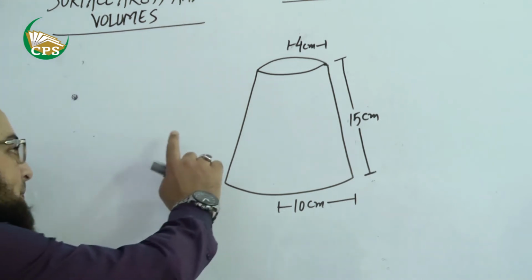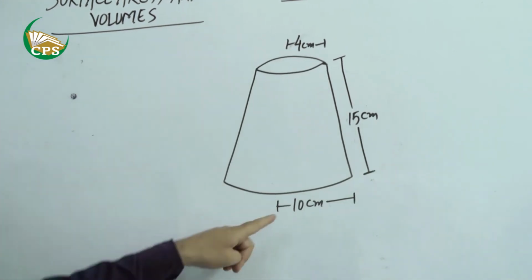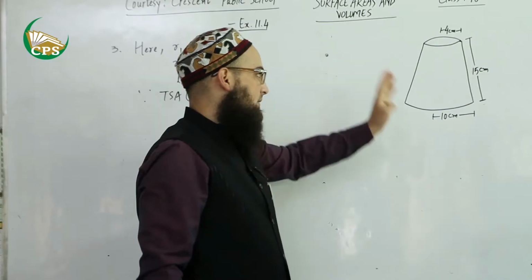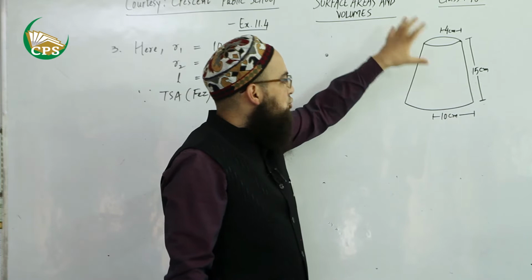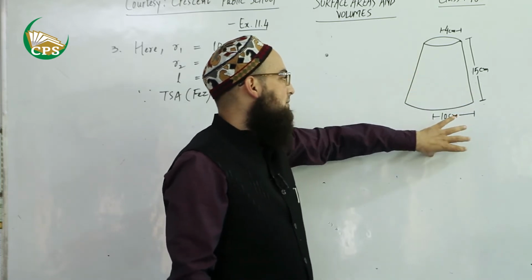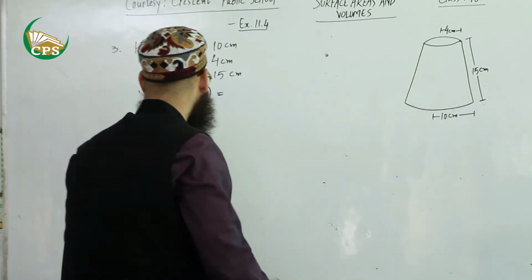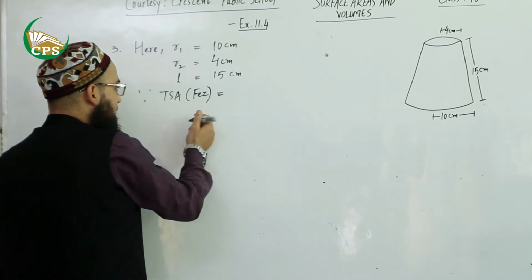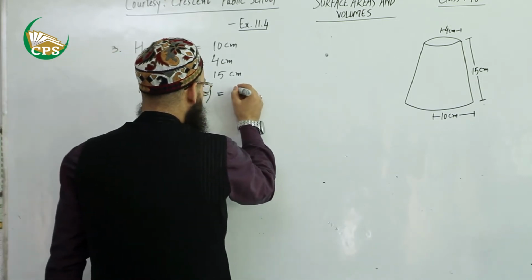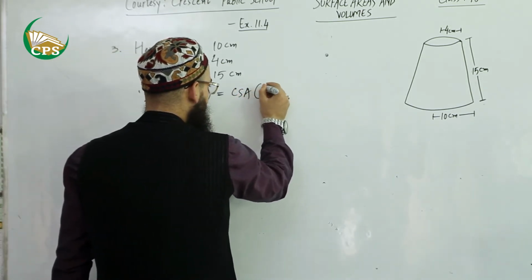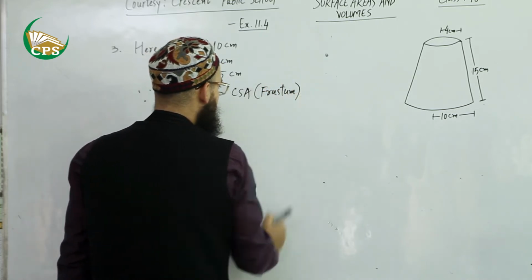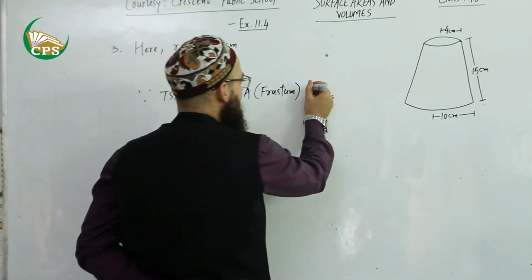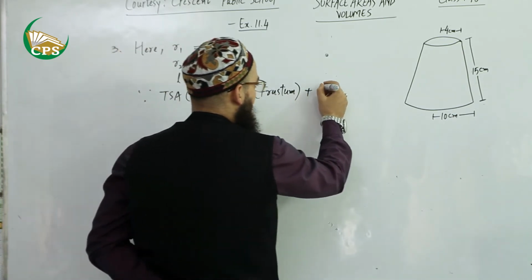Or you can do total surface area minus bottom. I will repeat, curved surface area plus top or total surface area minus bottom, because either way you get the same result. Total surface area of the fez is equal to the curved surface area of the frustum plus the area of top.